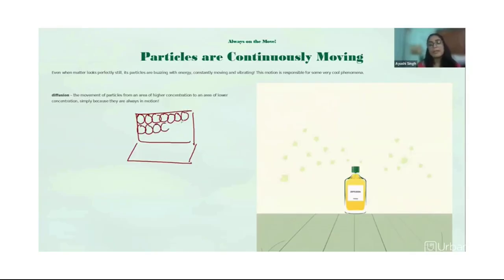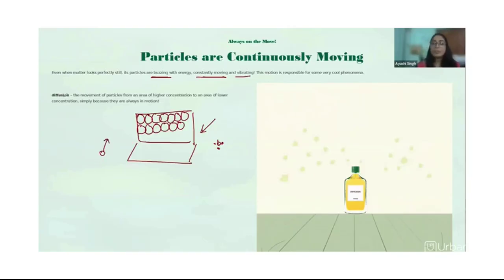Even though your laptop is not moving, these particles are always in motion, left, right, up, down. They are buzzing with a lot of energy, constantly moving and vibrating. Once they are given a favorable situation, they can move ahead also.